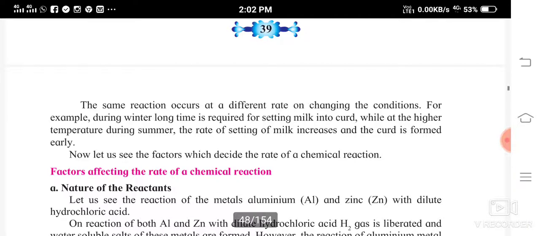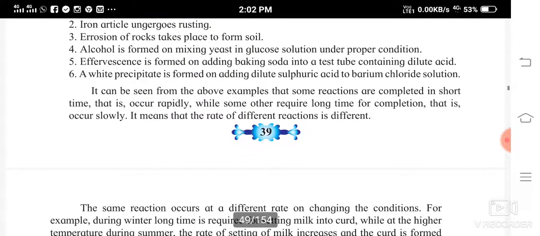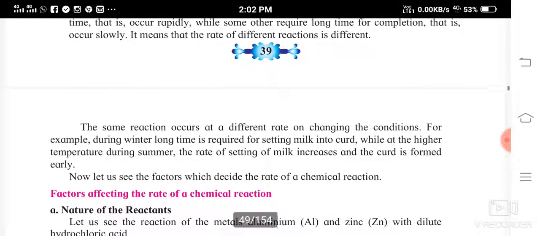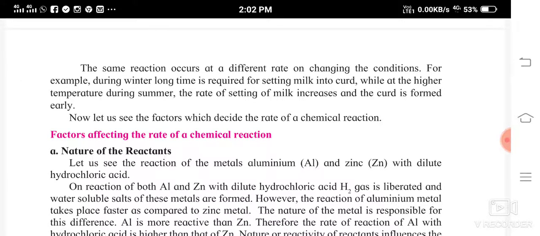From these processes you have come to know that some reactions complete in a short time and some take a long time for completion. So the rate of reaction is different for different processes. The same reaction occurs at a different rate on changing the conditions.